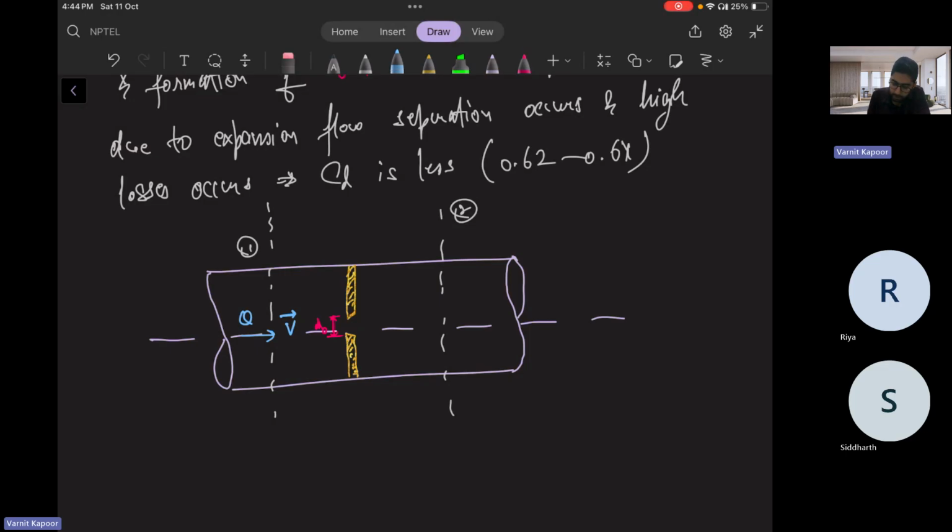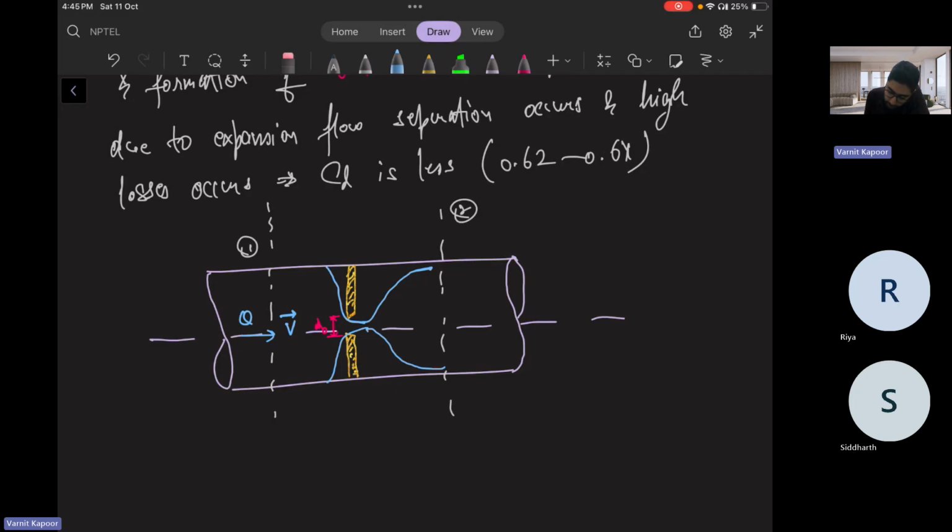So when flow was happening, because of the sudden obstruction, a formation of a small area happened. That is your vena contracta, and after that the fluid expanded.